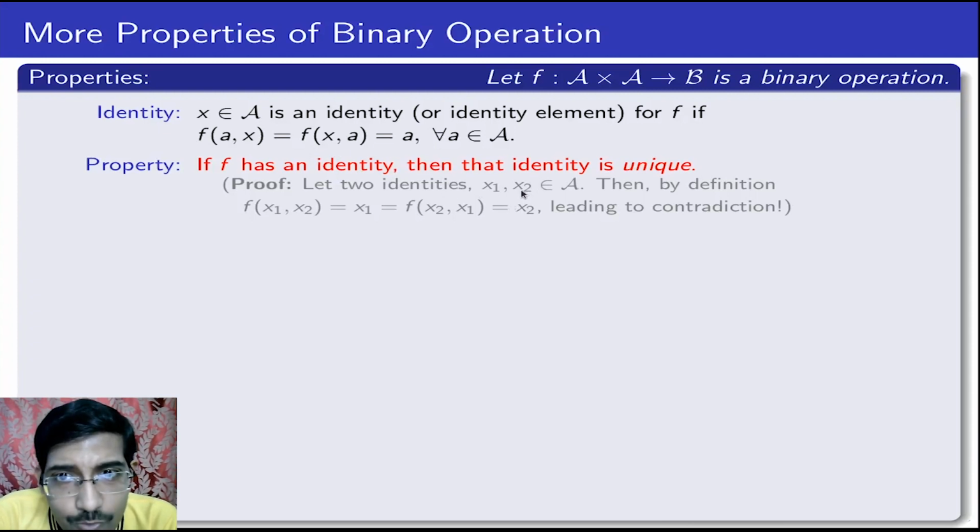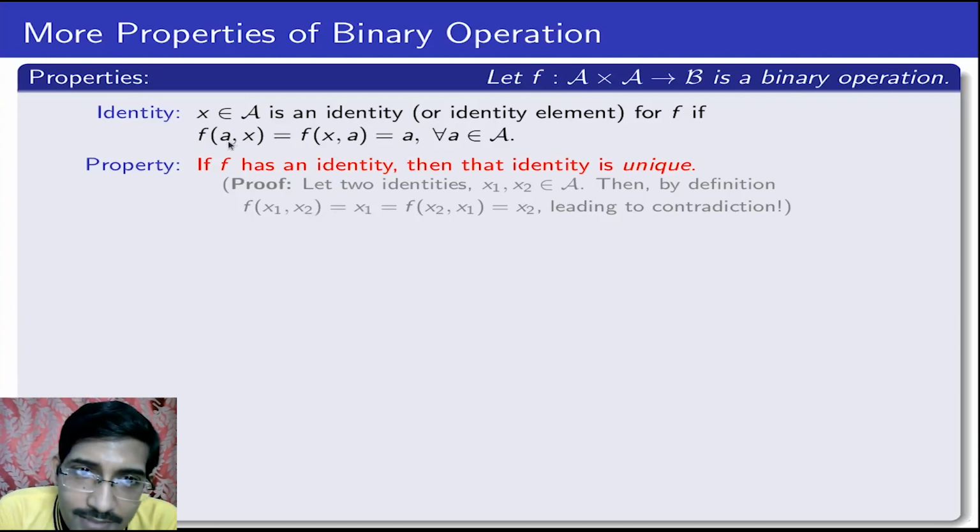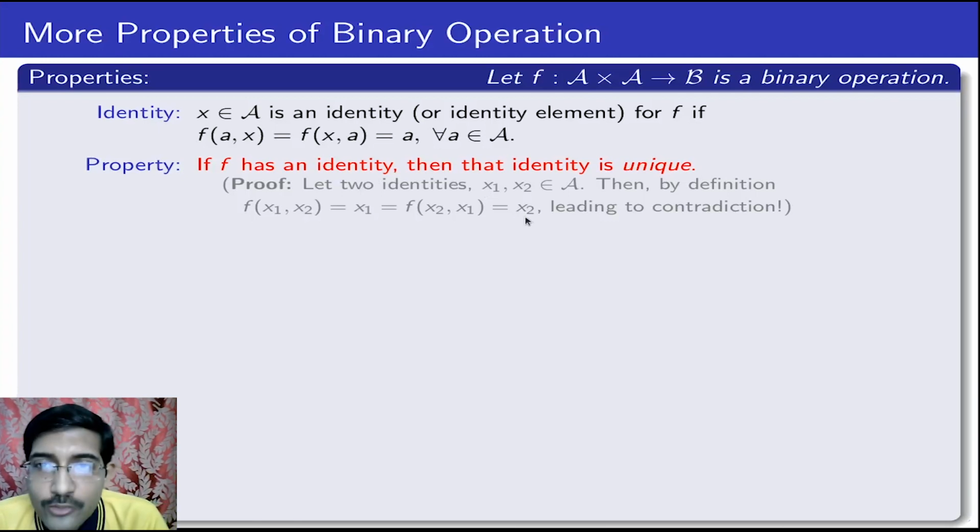Similarly, if you choose x2 as an identity, then f of x1, x2 will produce x1 as the answer. Since it is commutative, f of x1, x2 equals f of x2, x1, so x1 will be the answer if you choose x2 to be the identity, and if you choose x1 to be the identity, the answer will be x2. This leads to a contradiction because these two identities are not different. Therefore, if f has an identity, then it is unique.